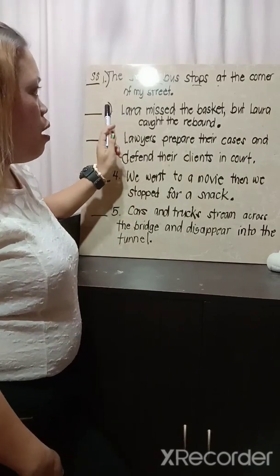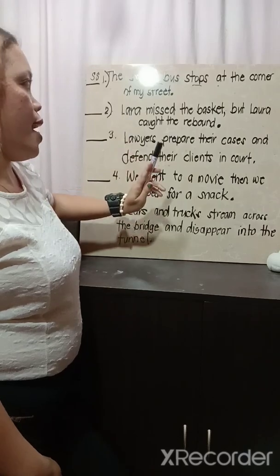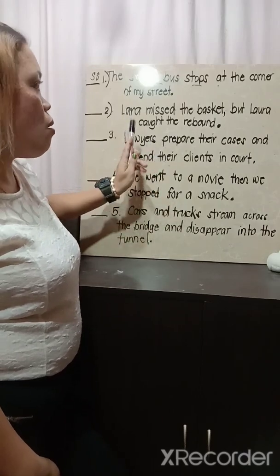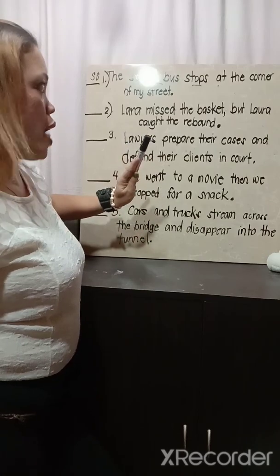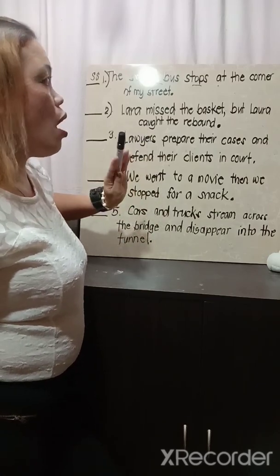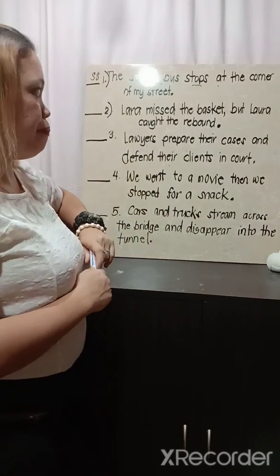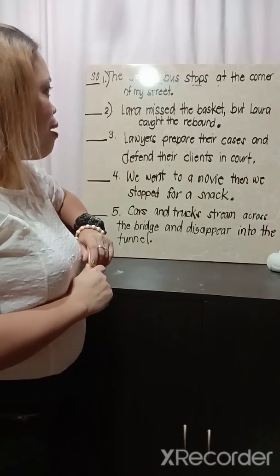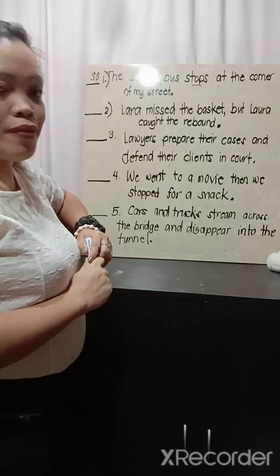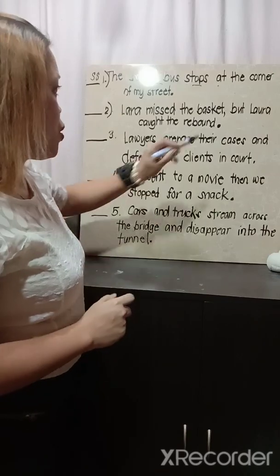Number 2. Laura missed the basket, but Laura caught the rebound. Again, Laura missed the basket, but Laura caught the rebound. What's your answer there? Of course, how many independent clauses? We have 2.